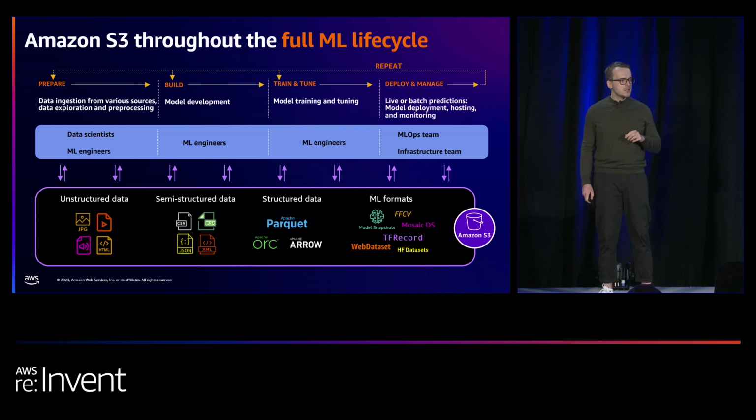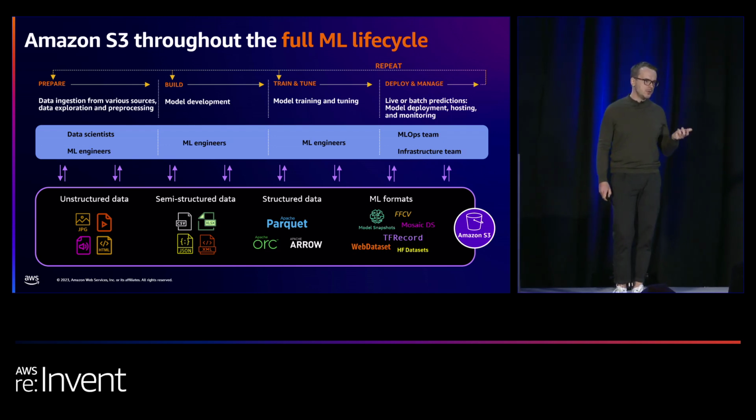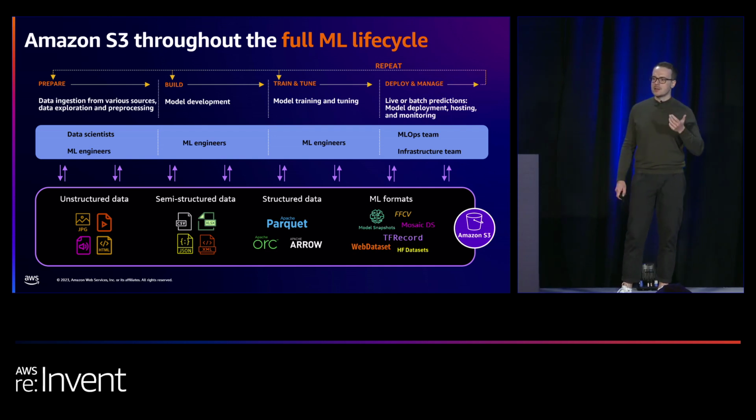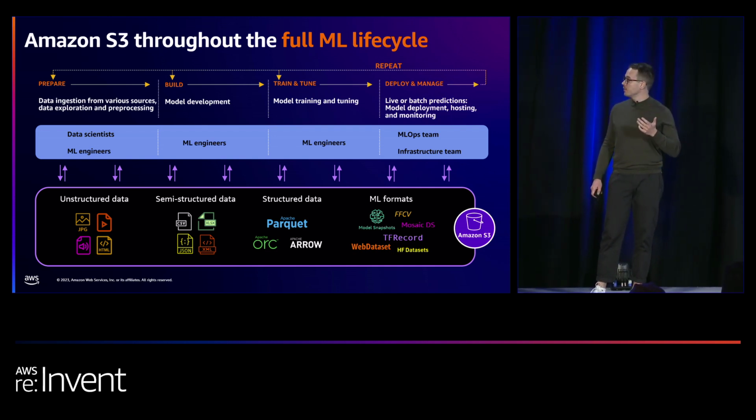And then your data science team will work around the clock to deduplicate, filter, and clean this data, so that at the end you have some kind of more structured, high-quality data set that you store back to S3, and it can be Parquet files or other machine learning specific formats.